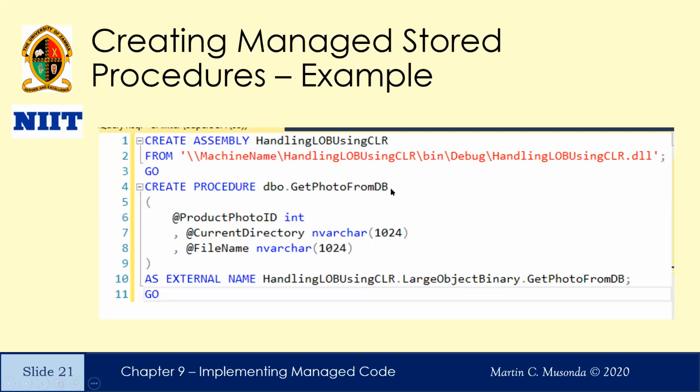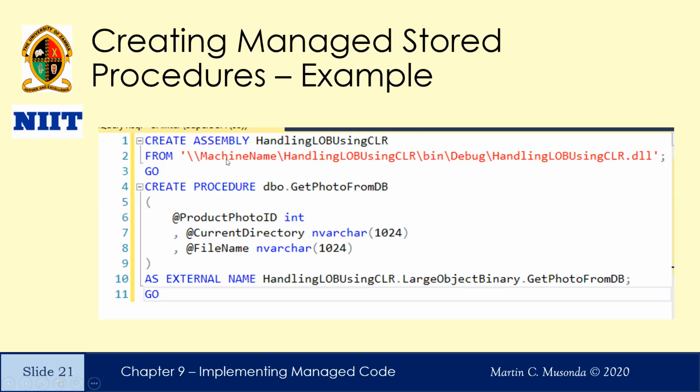Okay, here's an example of a managed stored procedure. Create assembly, then the name, from, that's the location, the file location and the file name where the assembly is stored. As you can see, it ends in .dll. Go. Create procedure.